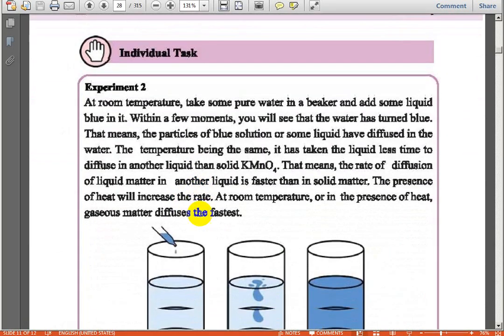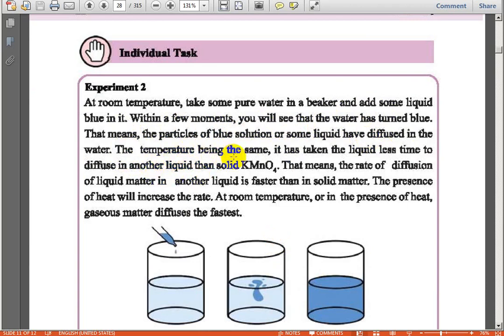Okay, experiment 2. At room temperature, take some pure water in a beaker and add some liquid blue in it. Within a few moments, you will see that the water has turned blue. That means the particles of the blue solution, a liquid, have diffused in the water.